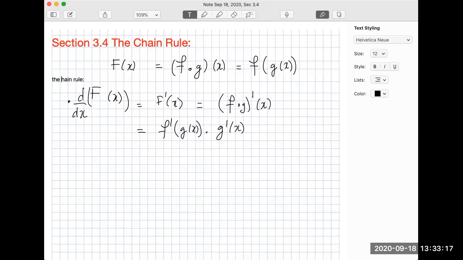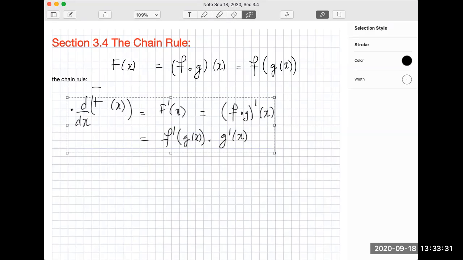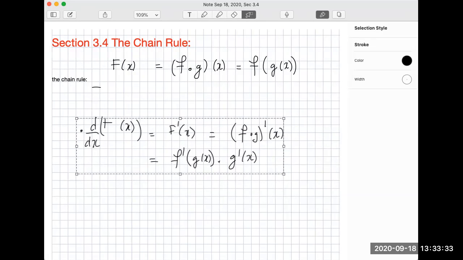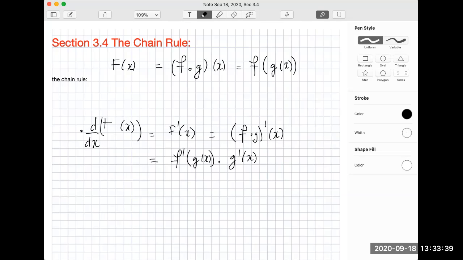So we see that in order to take the derivative of g, it should be differentiable at x, right? In order to take the derivative of this, it should be differentiable.